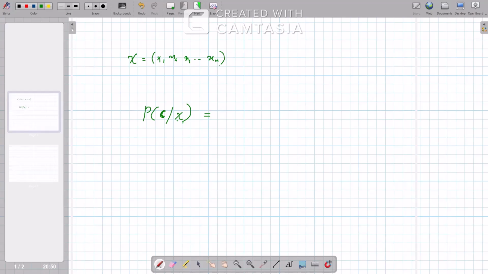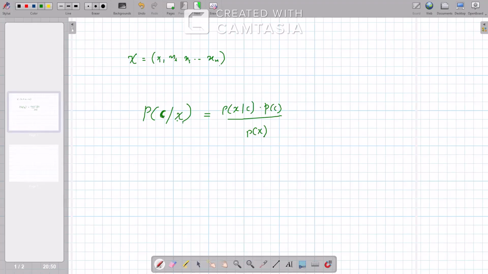Probability of X given C, into probability of C, divided by probability of X, right? The C can be different classes. C can be, say, 3 classes.